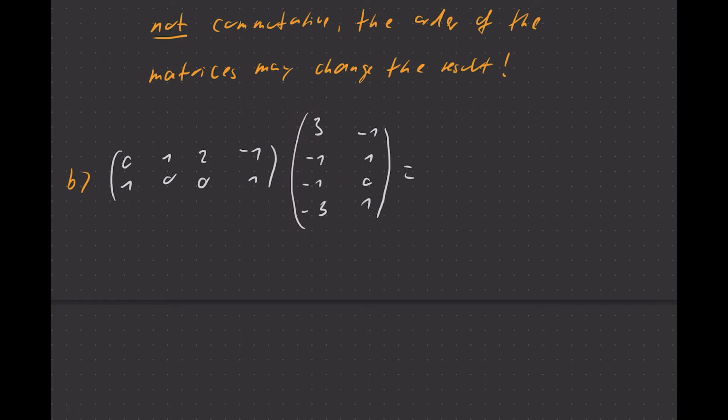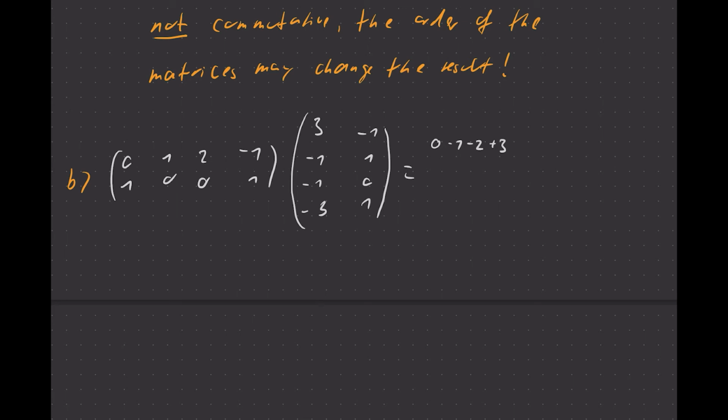And what we get is 0 times 3, that is 0, plus 1 times minus 1, that's a minus 1, plus 2 times minus 1, that's a minus 2, and minus 1 times minus 3, that's a plus 3.